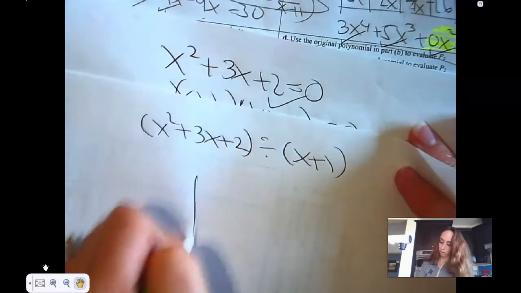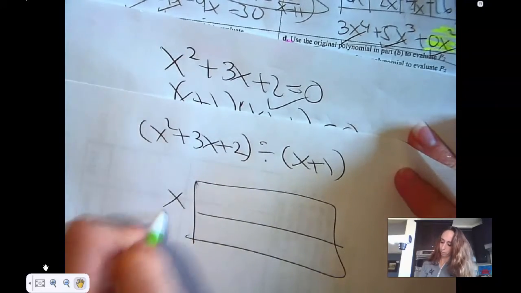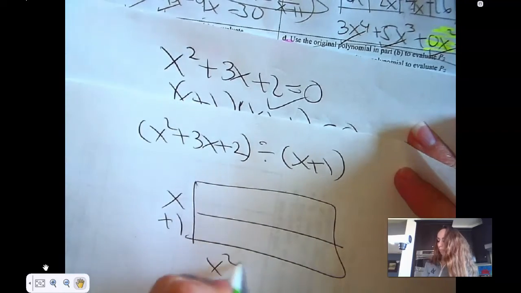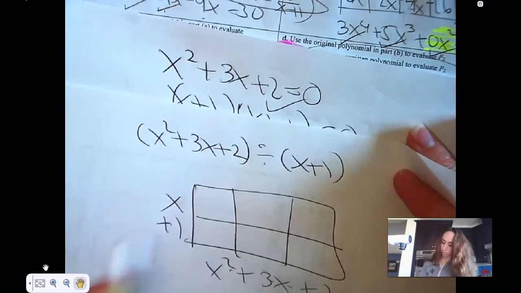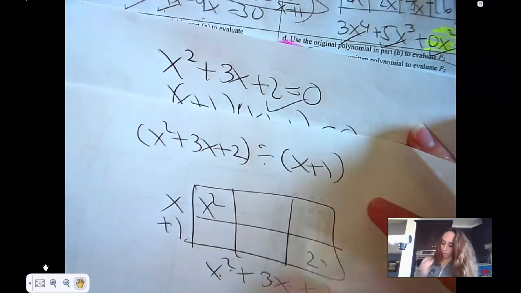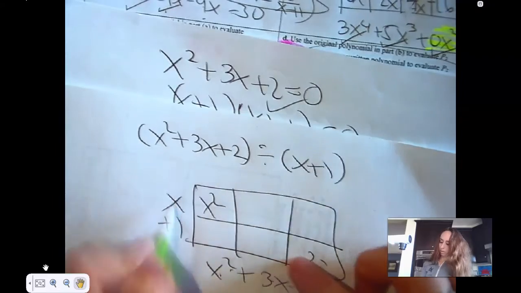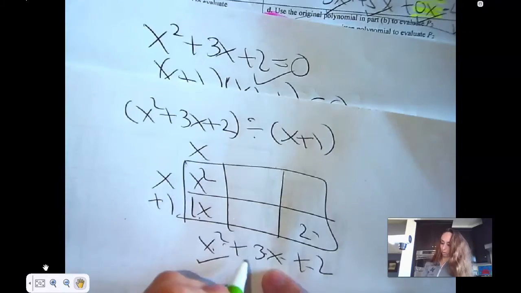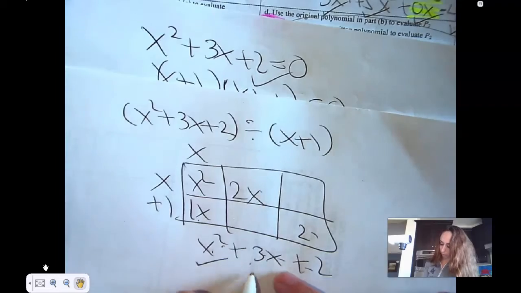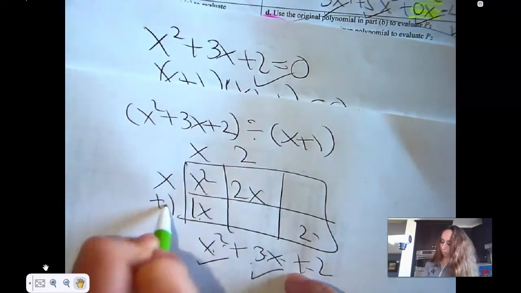So let's do it based on our box. X plus 1. This should be my answer. 1, 2, 3. First guy here. Last guy here. Now, that's done. That's x. 1x, 1x, and how do I get to 3x? 2x. Now that one's done. 2, 2 plus 1, 2.